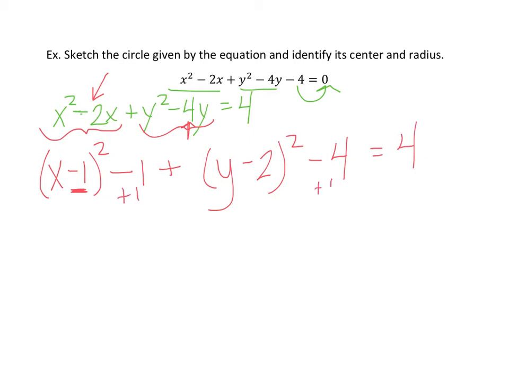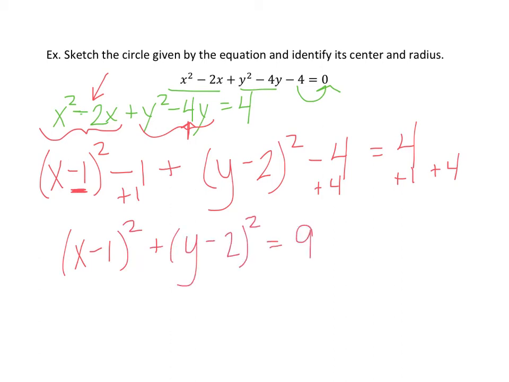Add 1, add 4. (x - 1) squared plus (y - 2) squared equals 9, which means my center is at (1, 2), (h, k). My radius is the square root of 9, which is 3.